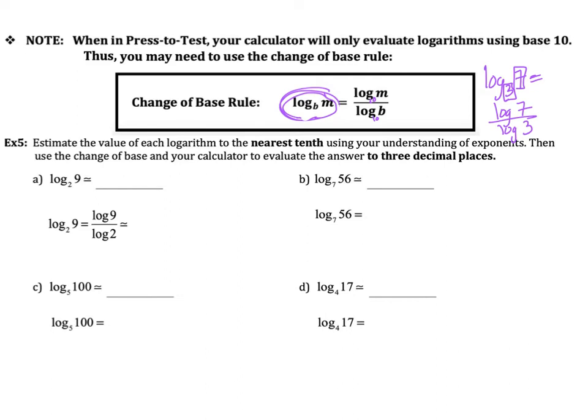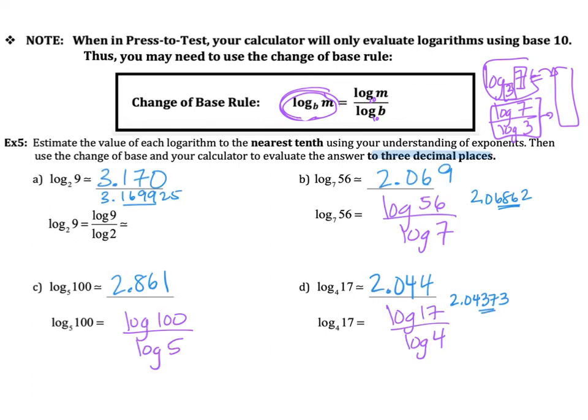Now, when you're not in Press to Test mode, you can check this, get a decimal answer, and see if they are equal to each other, and they should be. So I'm going to let you pause and plug this into your calculator, and then you can unpause and check your answers here with me momentarily.